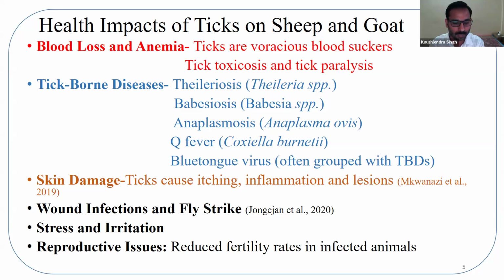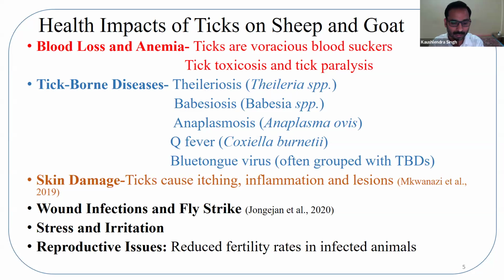In India, sheep and goat are susceptible to a range of tick-borne diseases caused by protozoa, bacteria, rickettsia, and, to some extent, viruses. Come to the protozoal diseases, like Babesia and Theileria, which are most prevalent, while rickettsial infections such as anaplasmosis or ehrlichiosis also contribute to morbidity and productivity losses.